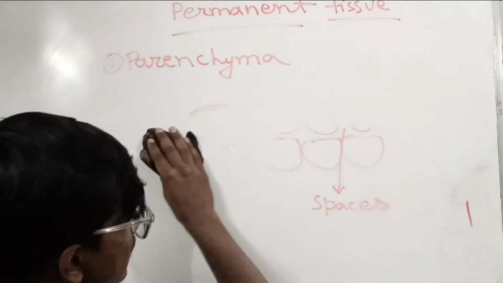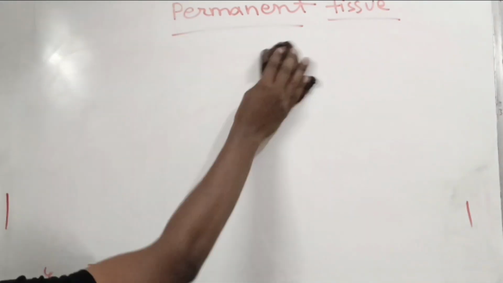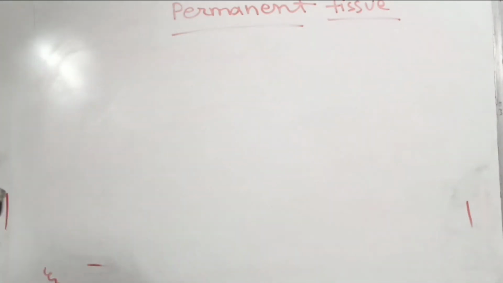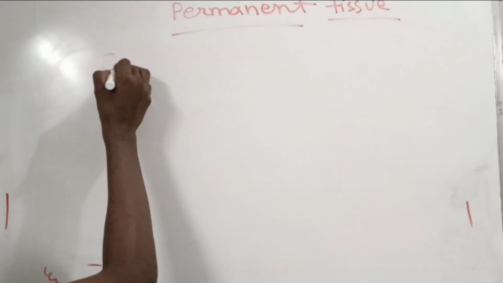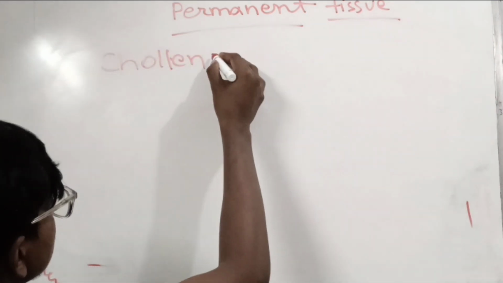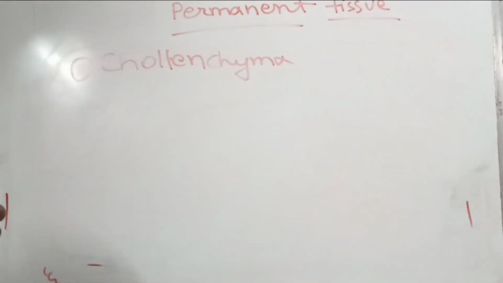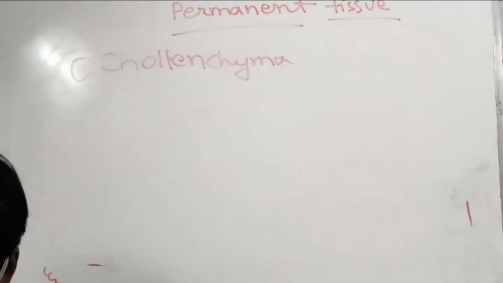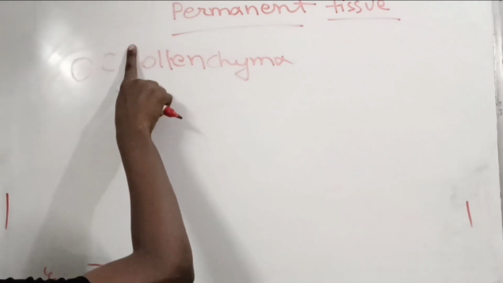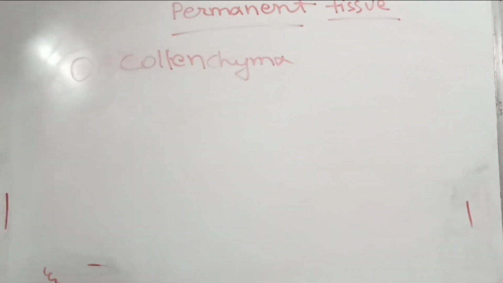Now next we will see the next type of permanent tissue, that is the collenchyma. Collenchyma is the second type of permanent tissue. What are the characteristics of collenchyma?